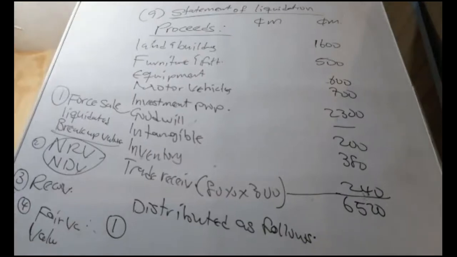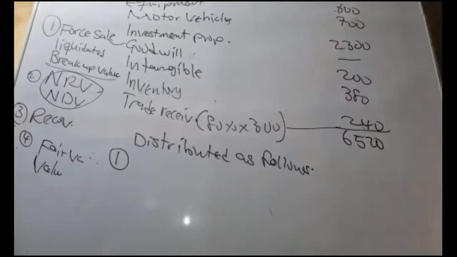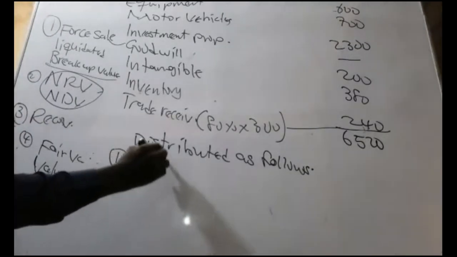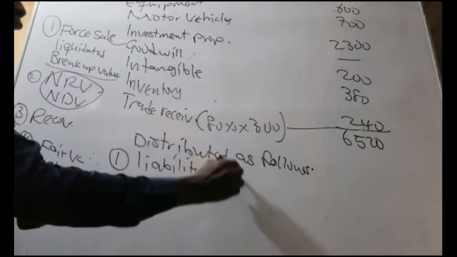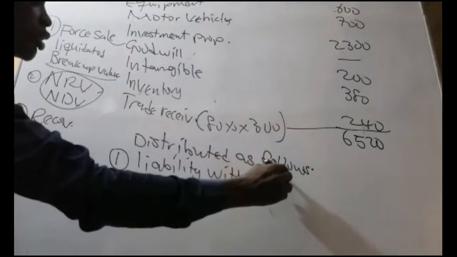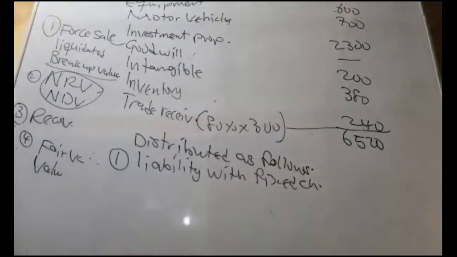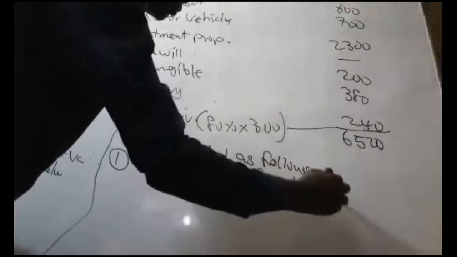I'm bringing it here to guide us. Let this thing go down. So, liability with fixed charge. How do you know a liability with fixed charge?